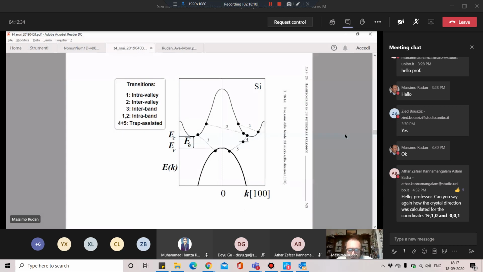First of all, you remember, even if you consider one branch at a time, this function depends on a vector. K has 3 components, K1, K2, K3.